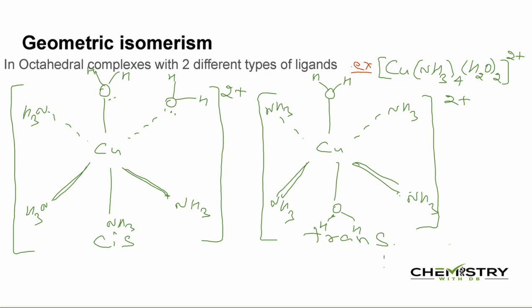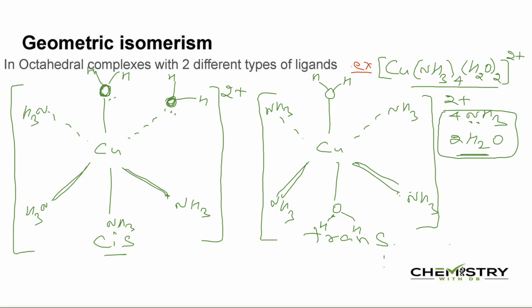Now the second example I'm taking is when it's an octahedral complex. That means the coordination number is 6, but it has got two different types of ligands. In this particular complex you can see that there are 4 ammonia ligands and 2 water ligands. When that sort of situation arises, if the 2 water ligands happen to be on the same side, next to each other, then it's going to be a cis.